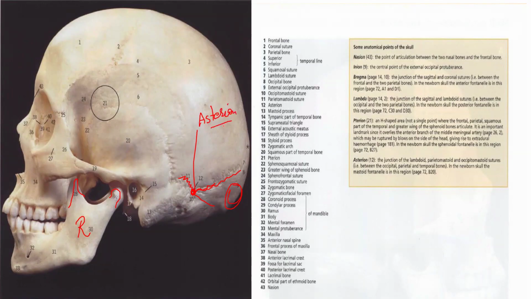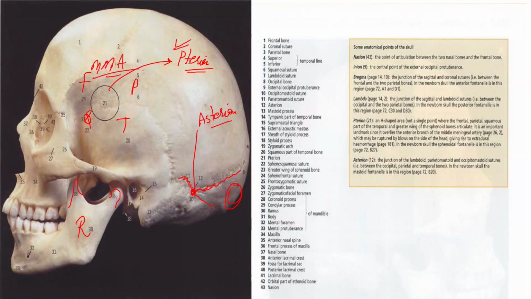Now, if we identify pterion here, this structure is known as pterion. Pterion is formed by 4 bones. Can you tell me? Frontal, parietal, temporal, and sphenoid. Very good. Greater wing of the sphenoid. So sphenoid, temporal, parietal, and frontal, 4 bones forming pterion. Middle meningeal artery, middle meningeal vein.